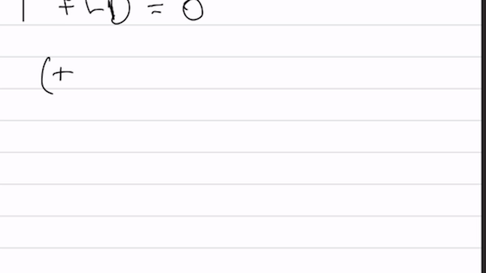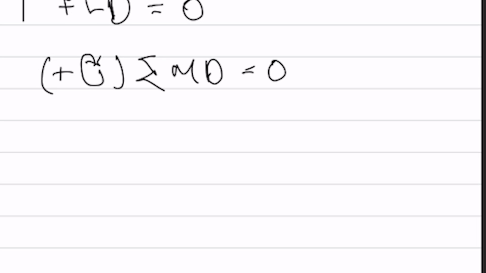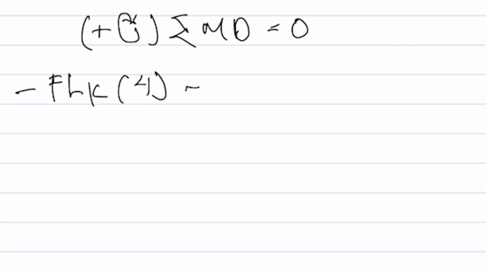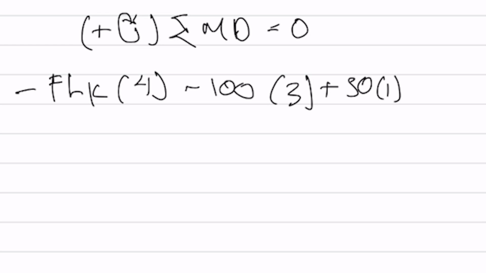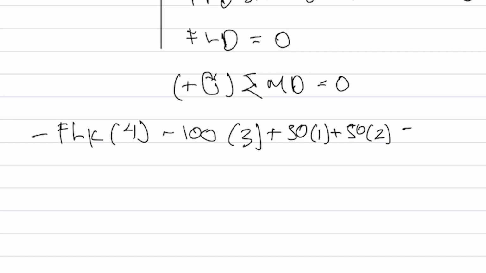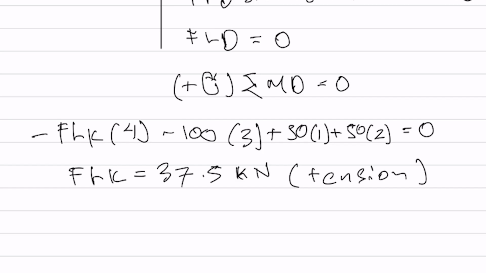Next, for FLK, clockwise is positive, moment of O. Negative FLK times 4 minus 100 times 3 plus 50 times 1 plus 50 times 2 equal to 0. FLK equal to 37.5 kilonewton, which is in tension.